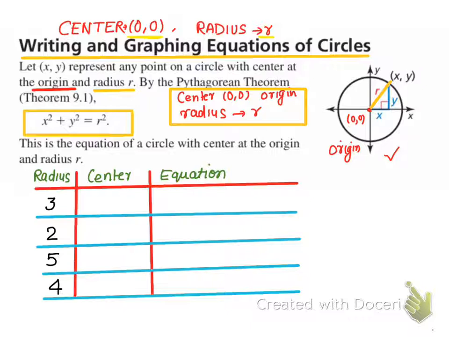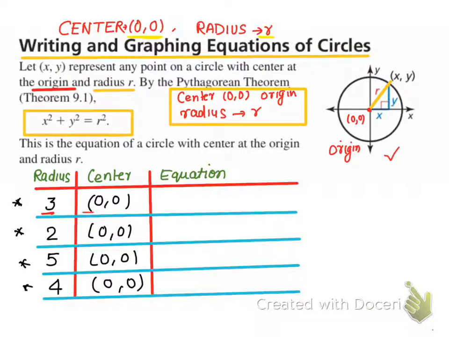I have chosen these randomly. In all cases the center is 0, 0 because the center is the origin. So we have the first case, second case, third case and fourth case. In the very first case, if your radius is 3 and your center is 0, 0, how do you write the equation?